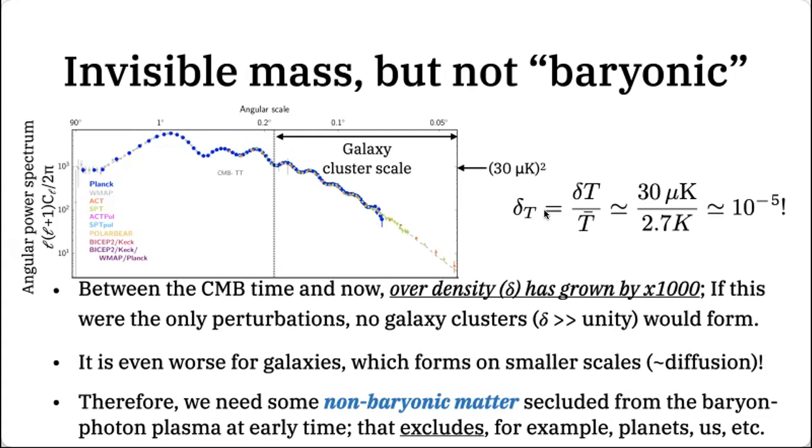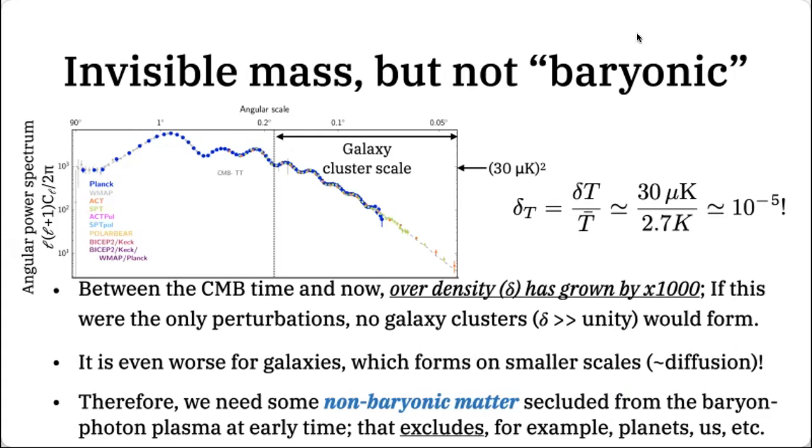So if you multiply delta T over T that we observe from the CMB sky, which is 10 to the negative 5, by 1,000, what you get is about 0.01 on the scale of a galaxy cluster, which means that the galaxy cluster would not form if what you see from the CMB anisotropy were the only perturbation we had in the universe, right?